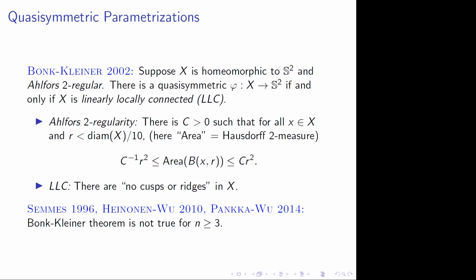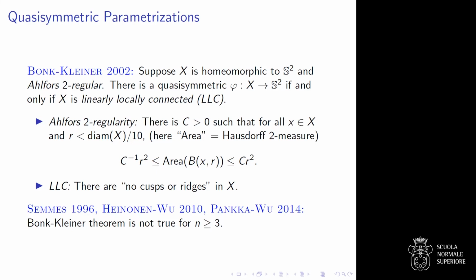Well, the classical uniformization theorem says that if you have any smooth surface without any conditions, then there's always a conformal homeomorphism, which only has infinitesimal control of the distortion.